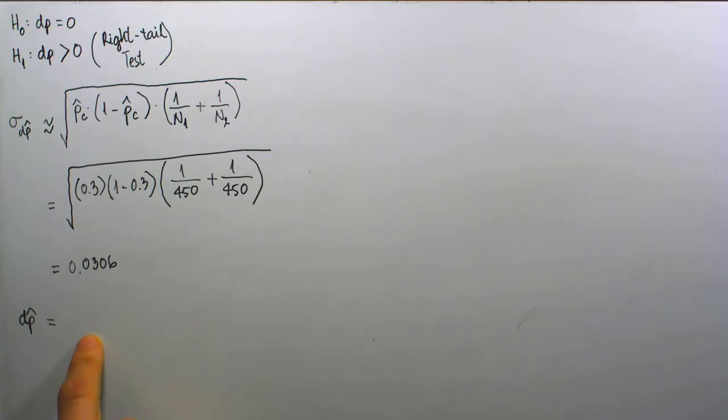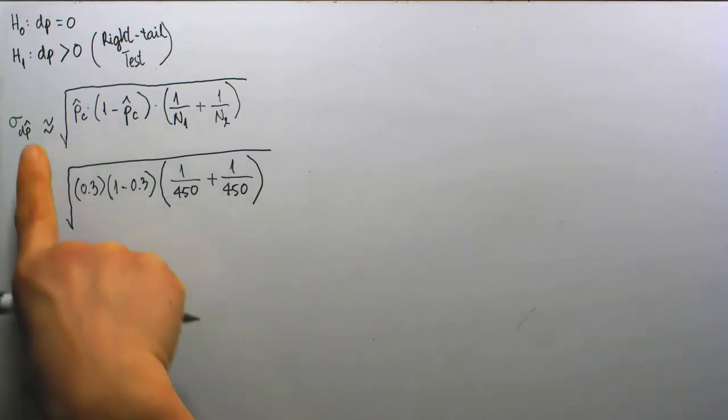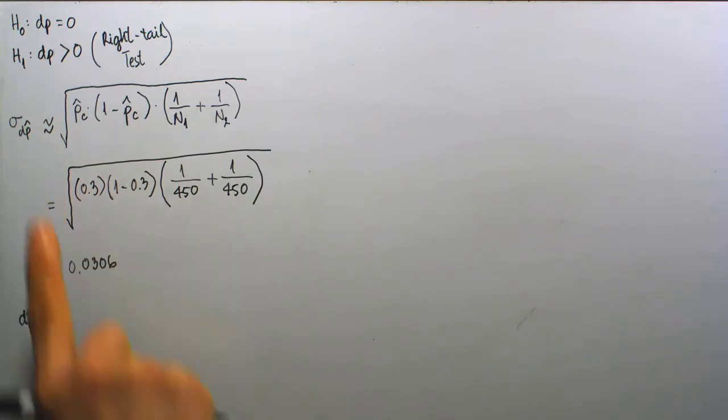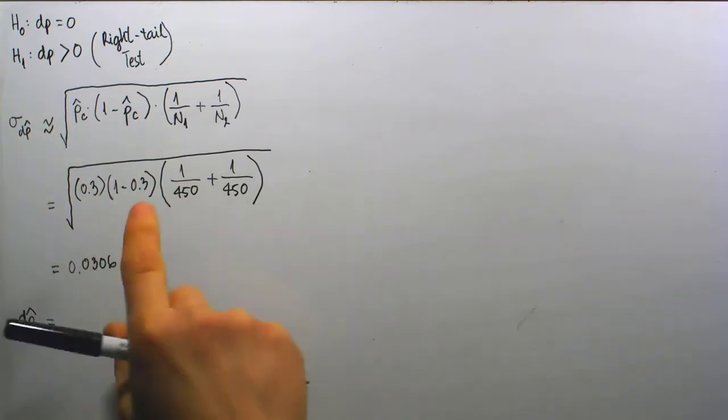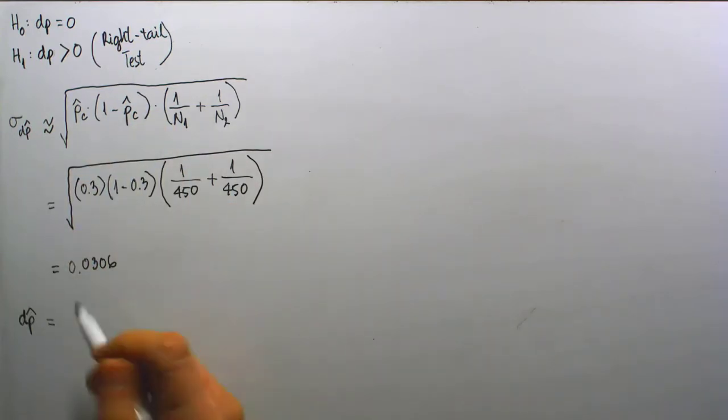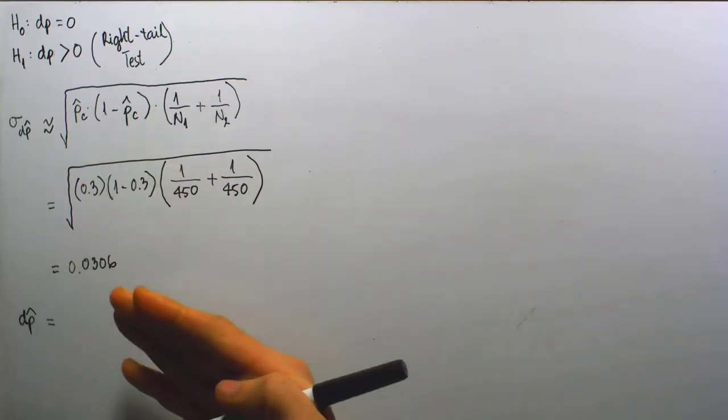Normally, when you see me doing that, I will be nailing down or listing down the value for dp hat first, the sampling difference in the two sample proportions, before working on the sigma dp hat approximate. But in here, I violate the order a little bit, so that later on I can bring a better explanation.